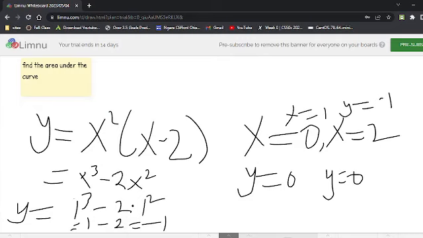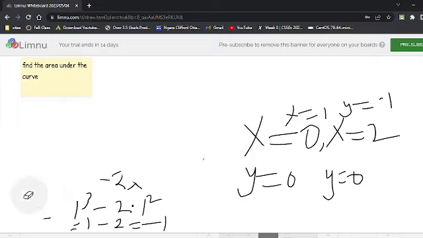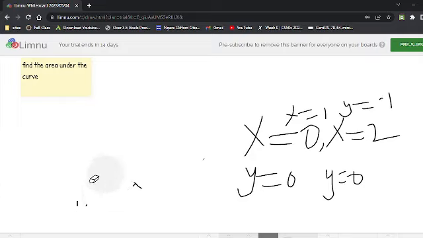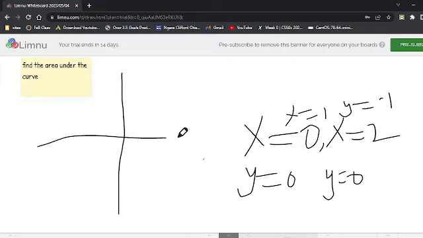So what do we do with the values we have? We plot x and y to find the area under the curve. Let me draw a bit straight.